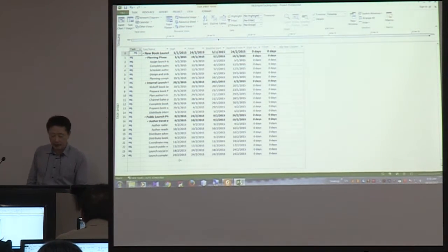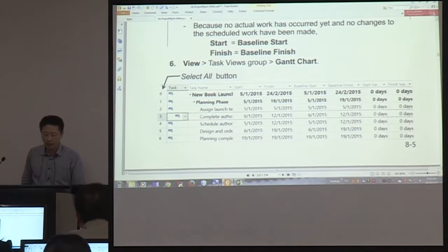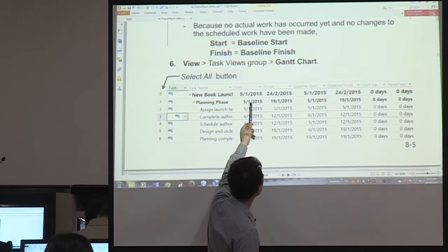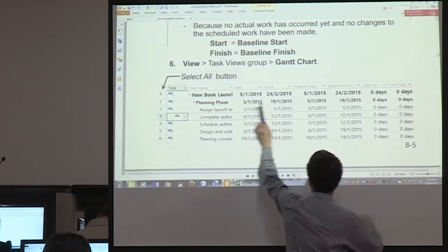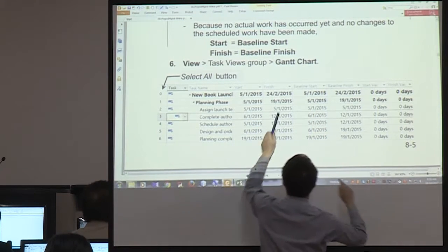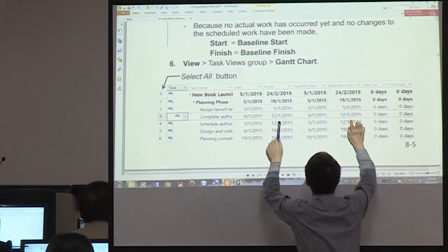If you look at this table, now it says start date and baseline start date are the same values, right? And finish values and baseline finish values are the same.